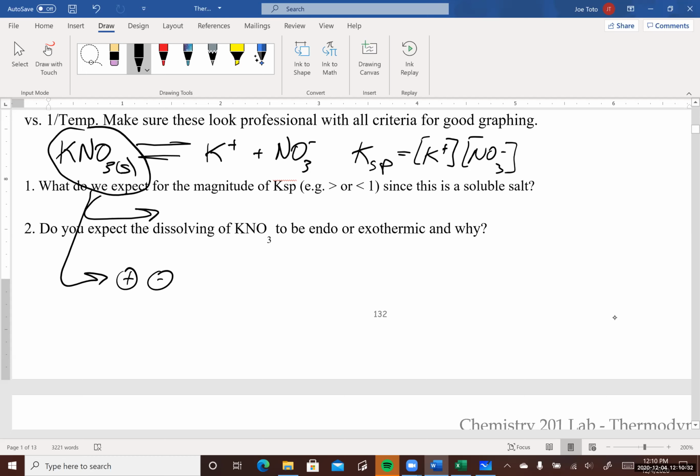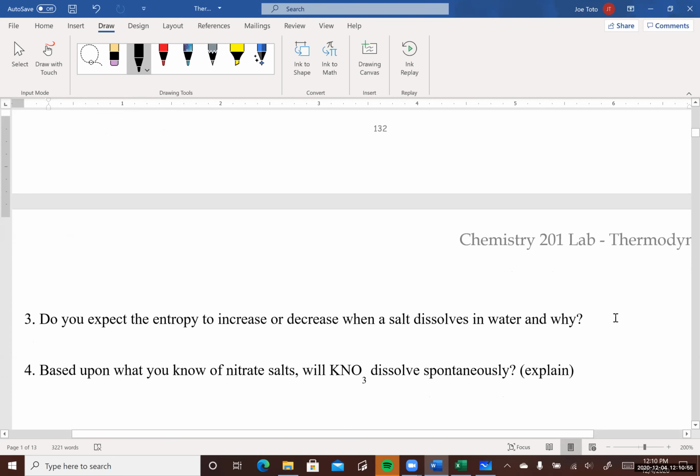The non-metal portion is the nitrate, NO3 minus. So there's an electrostatic interaction, and you're going to have to supply some energy to separate those ions of different charge. So I think that's enough hint for you to figure out the thermicity of that reaction.